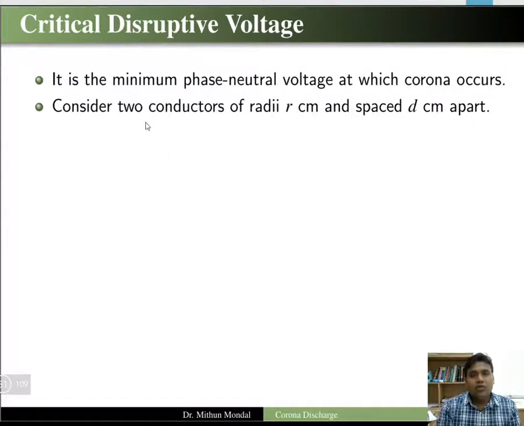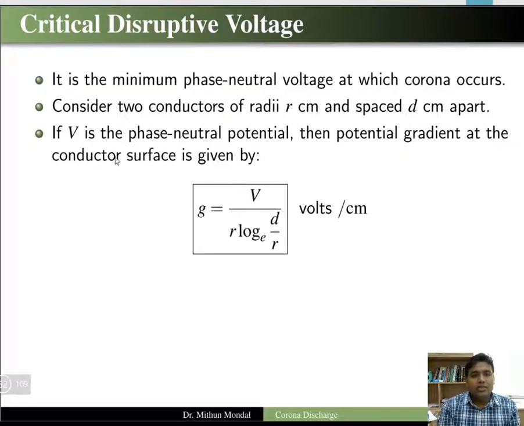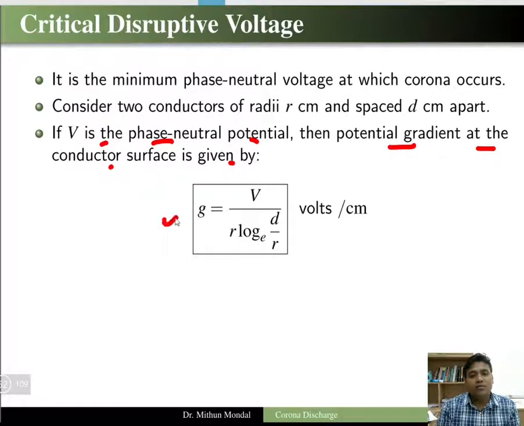Now consider two conductors of radii r centimeter and spaced d centimeter apart. So if V is the phase to neutral potential, then the potential gradient at the conductor surface is given by this formula. So potential gradient G is given by V, where V is single phase voltage, that is phase to neutral voltage, and the formula is G = V / (r log_e (d/r)).